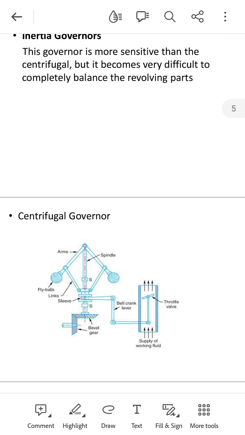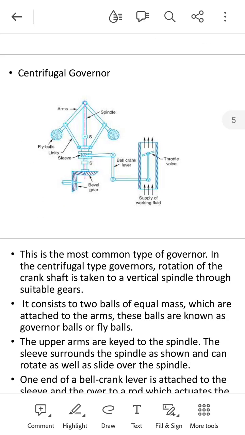Now the centrifugal governors. This is the figure of a centrifugal governor. This is the most common type of governor. In the centrifugal type of governor, the rotation of the crankshaft is taken to a vertical spindle through suitable gears. It consists of two balls of equal masses which are attached to arms. These balls are known as the governor balls or fly balls.